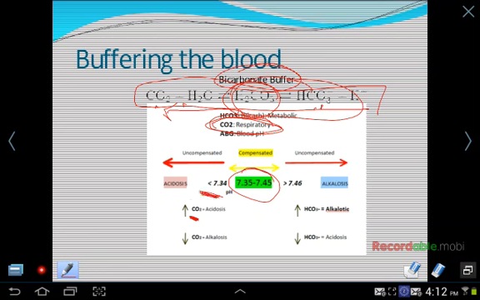So if that happens, if we get too acidic, we can increase our breathing rate in order to pull more CO2 out of the blood, which will then push the reaction over to the more basic side, or this side of our reaction, which is the HCO3.